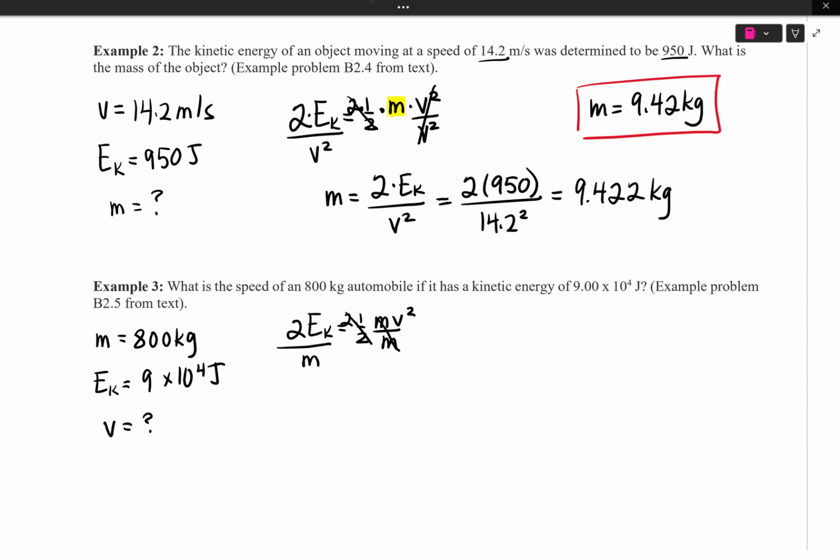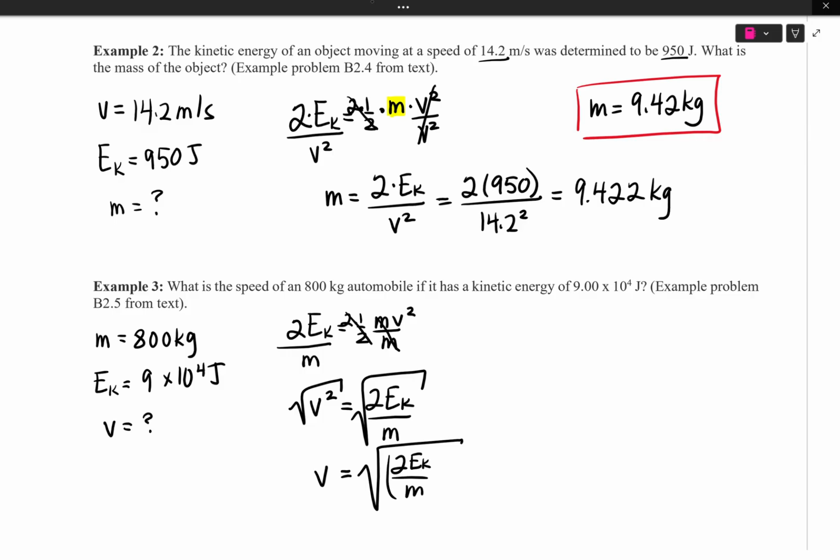So now if we just take a look at what's left, I have v squared is equal to 2 times EK over my mass. I don't want to solve for v squared, so I have to take the square root of my v squared, and that'll get rid of the v squared, so it becomes v. But I have to do the same thing to the other side. So now the equation is 2 times EK all over the mass, and then we take the square root.